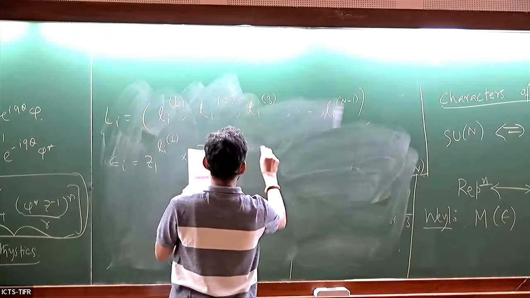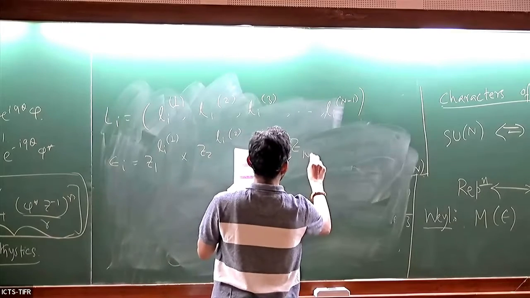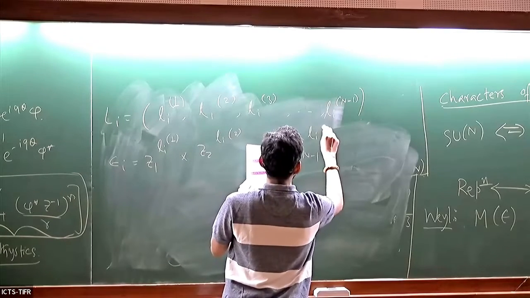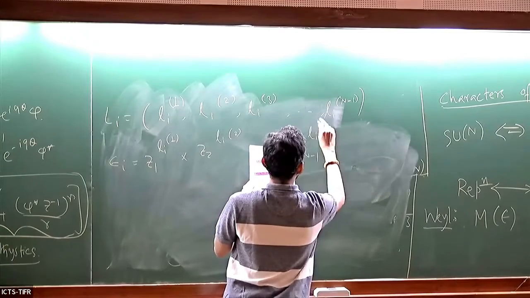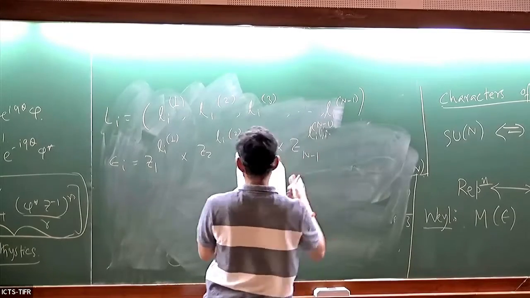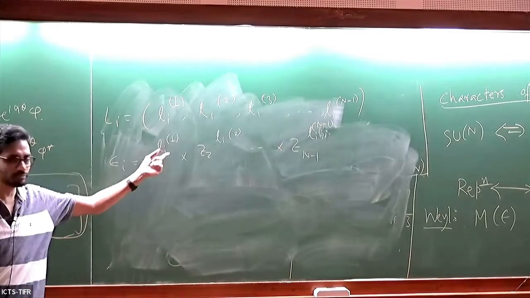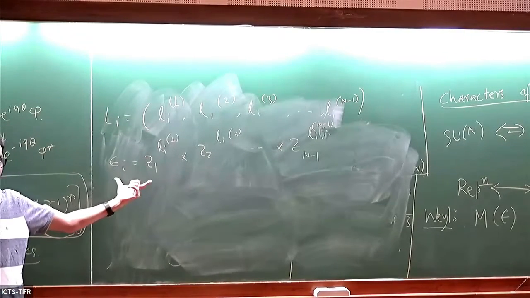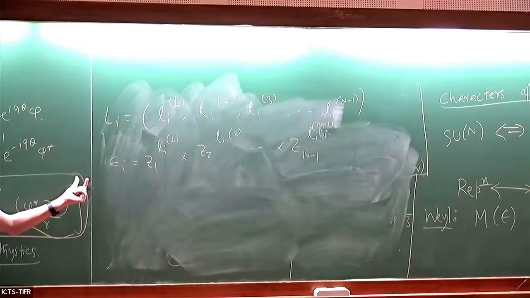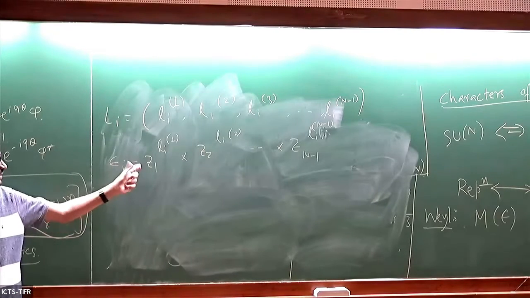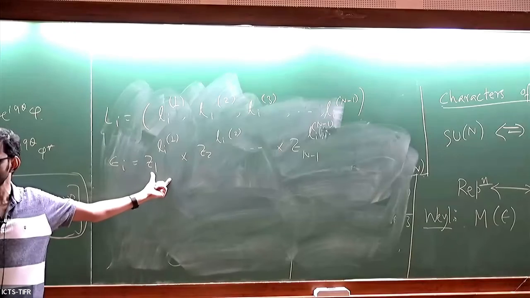So now, once we have these L's, using this relation I can construct a relation between the epsilons and the z.